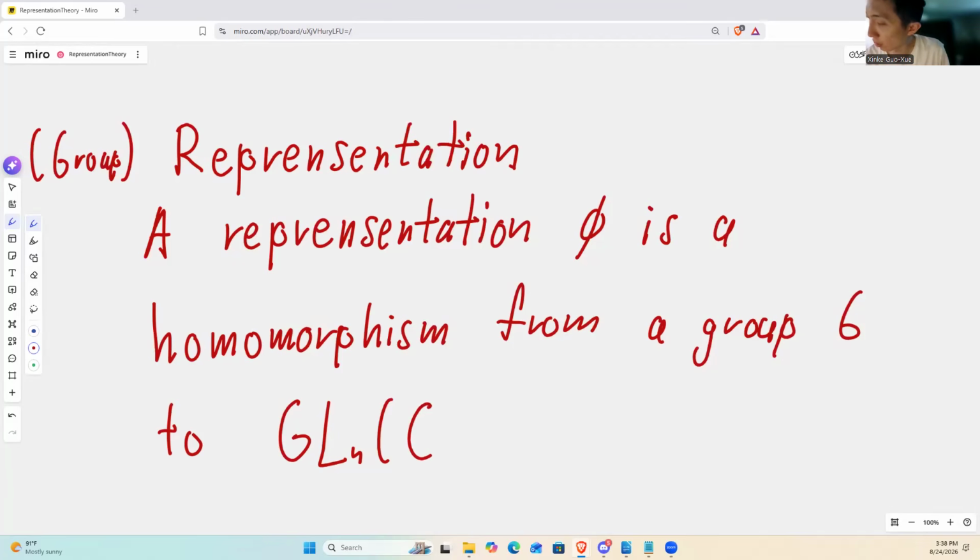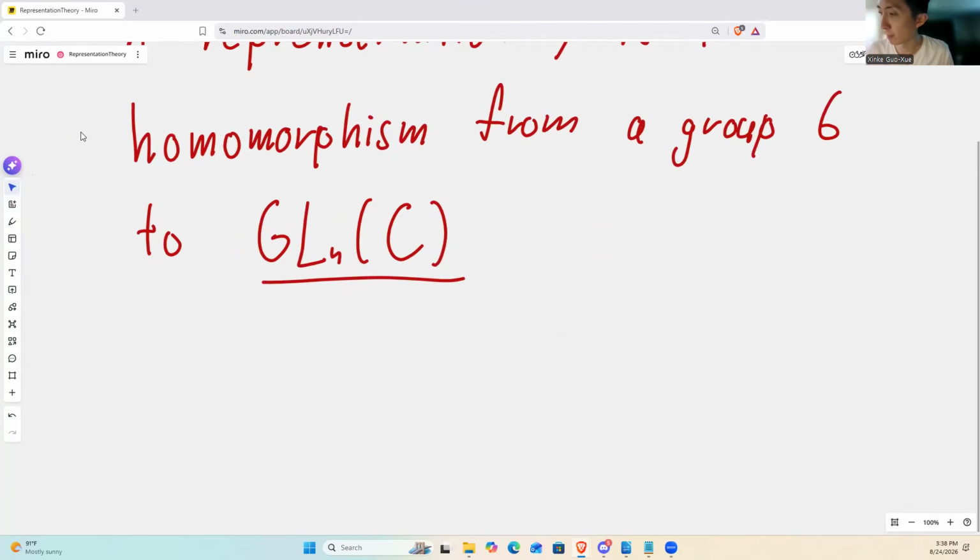Let's just say complex. So this is the set of invertible matrices with complex entries for a group under multiplication.